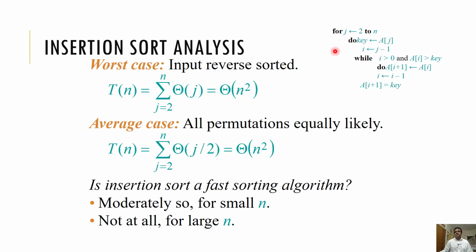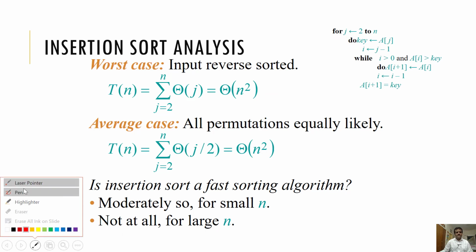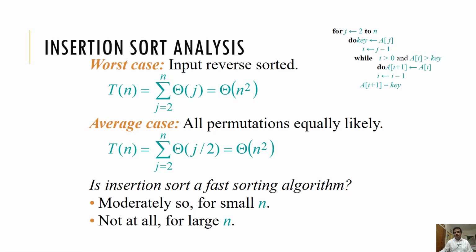So, this will take constant time. That is why it is theta of 1, because we are talking in the asymptotic sense. We do not really bother how much exact time it is taking, so this is theta of 1, constant time.